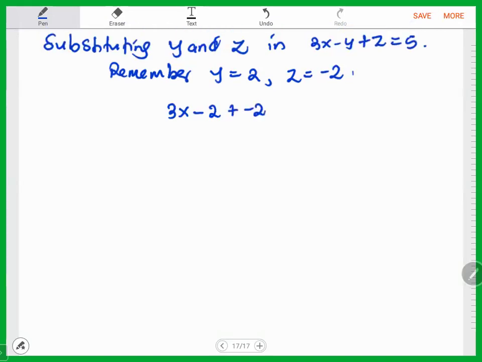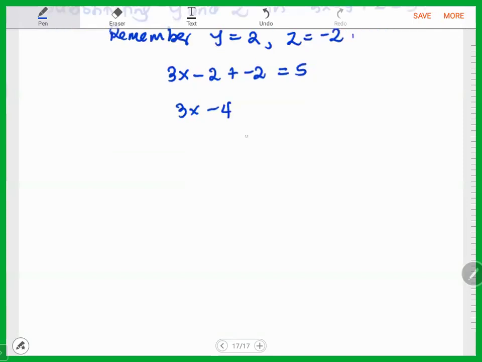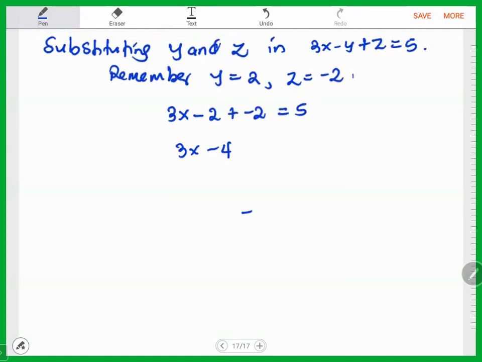So I have 3x minus 4 equal to 5. 3x is equal to 5 plus 4. 3x is equal to 9. Divided by 3, divided by 3. Our x is equal to 3. x is equal to 3.